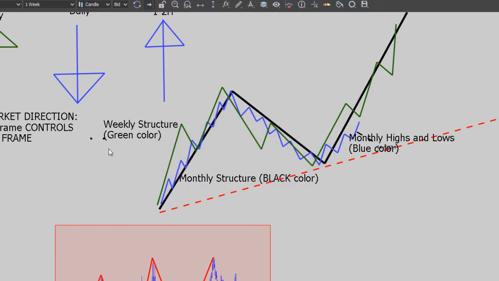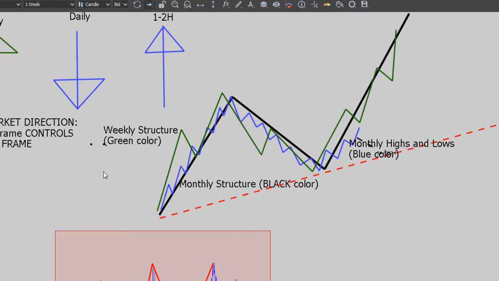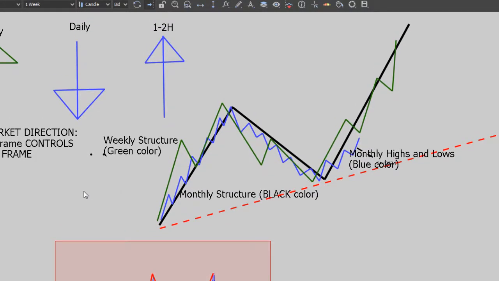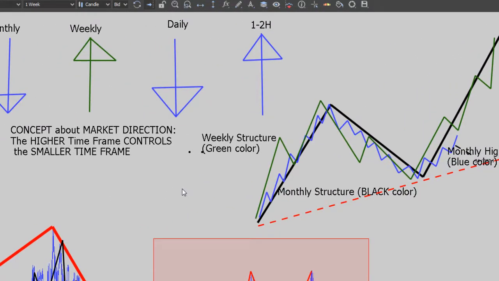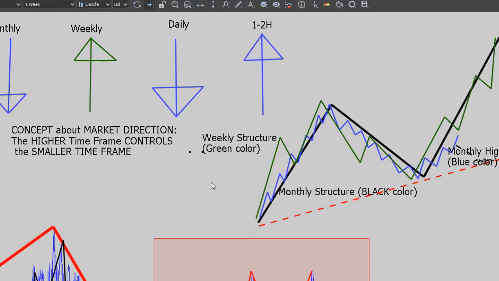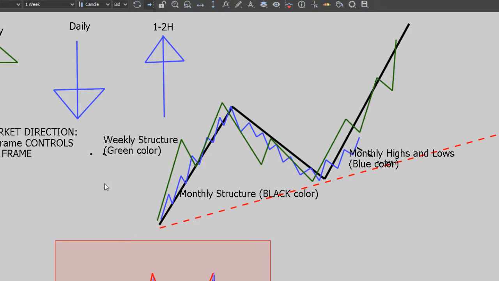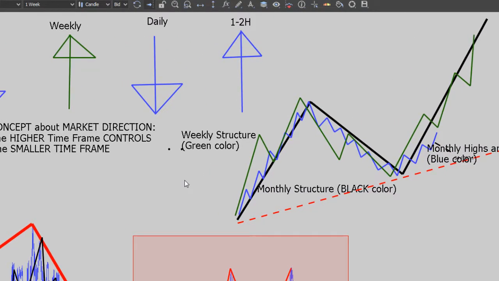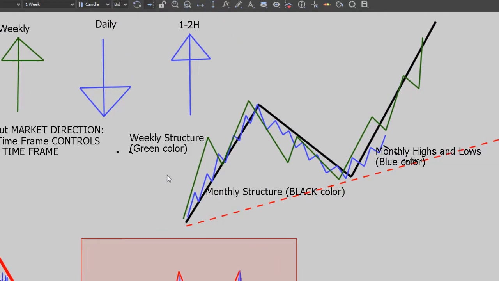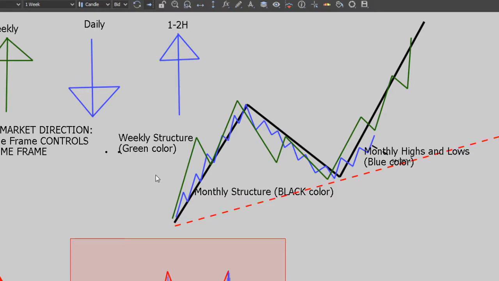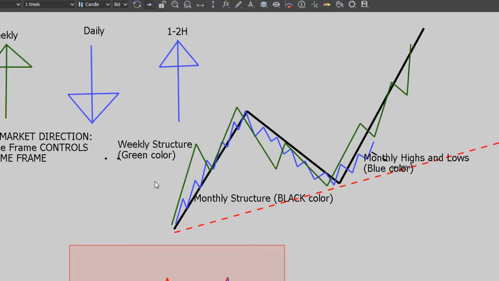So what can you see right now, everybody? You can see that in the same uptrend, and we are not even half, we didn't talk about half of the things on a monthly time frame. Okay, and the higher time frame controls the smaller time frame. On the monthly, you are going to have first the waves from the monthly, right?